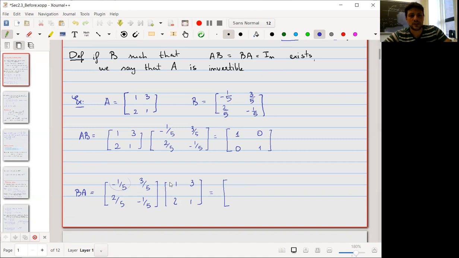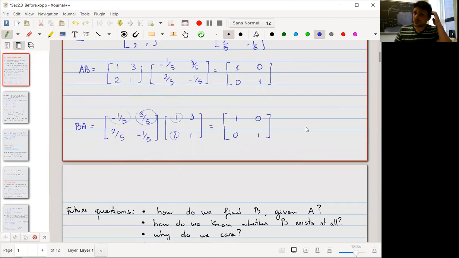That's this times 1 plus this times 2. That's 1. And then let's compute the others. Minus 1/5 times 3 plus 3/5 is 0. 2/5 minus 2/5 is 0. And at last, we get 6/5 minus 1/5 is 1. So these two matrices are indeed inverse to one another.